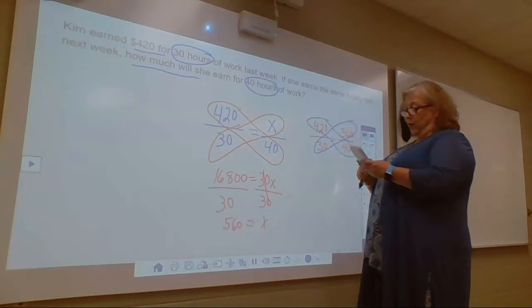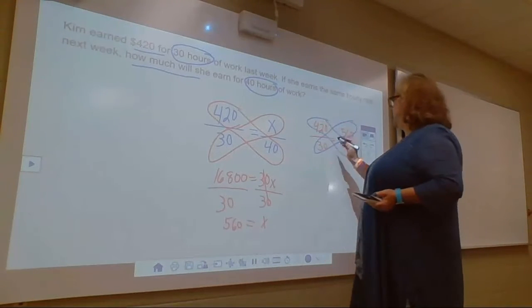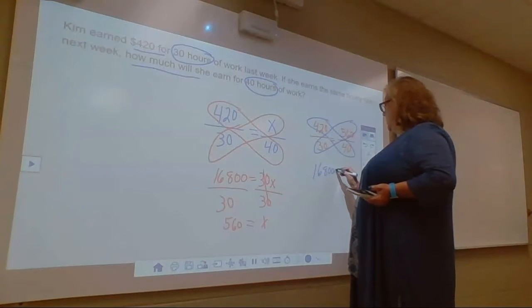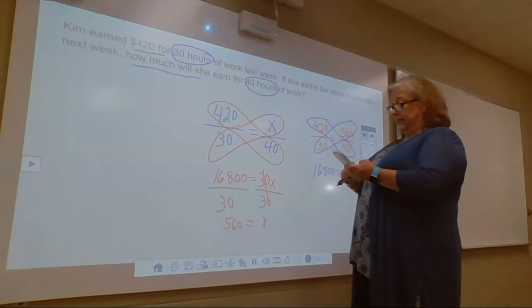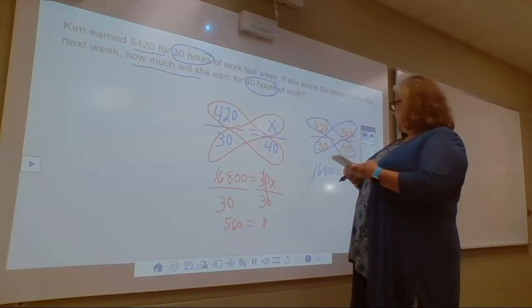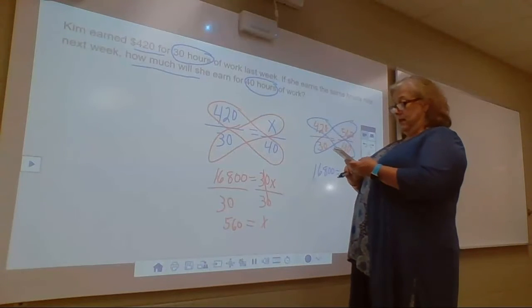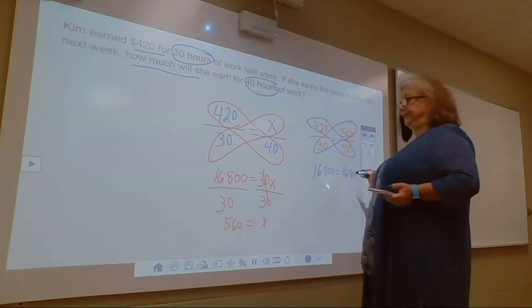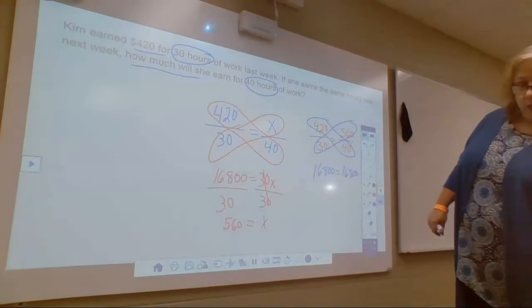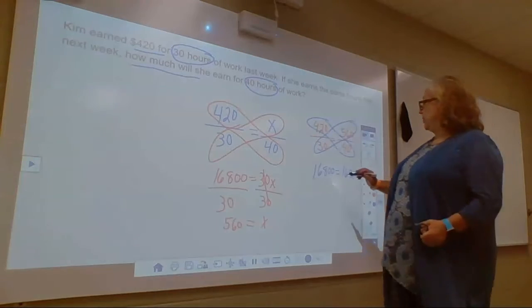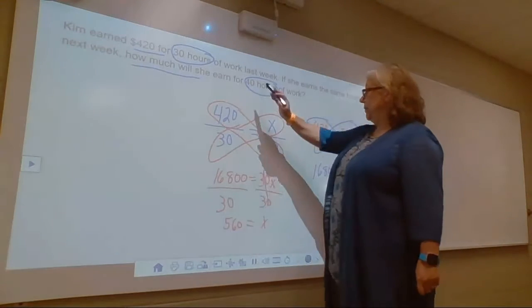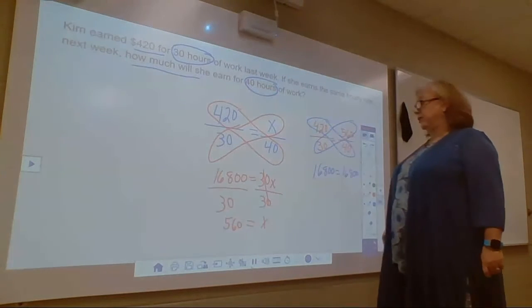We know 420 times 40 is 16,800. And then 560 times 30 equals 16,800. I think it's important to always check your work. So that means this is proportional, and your answer would be $560.